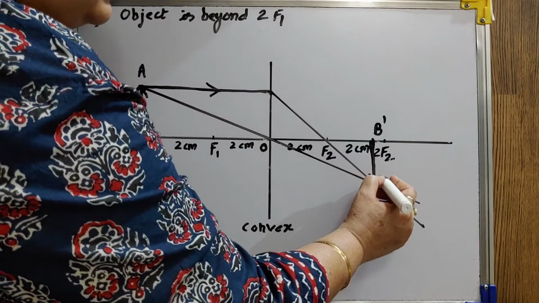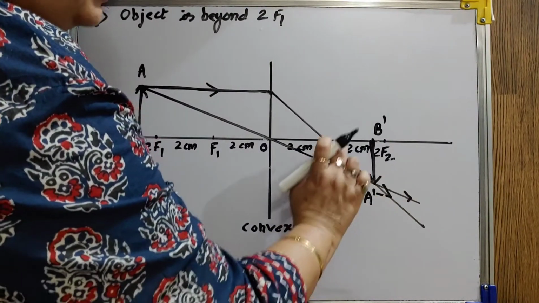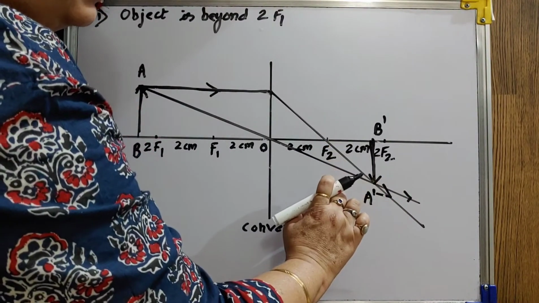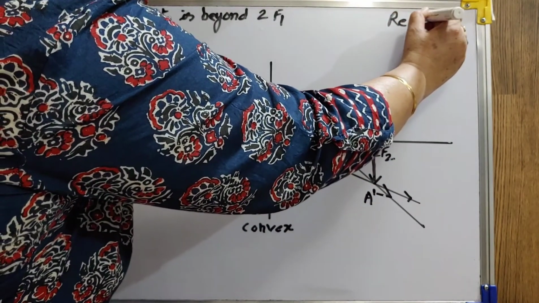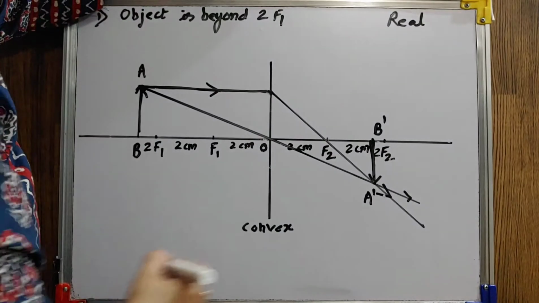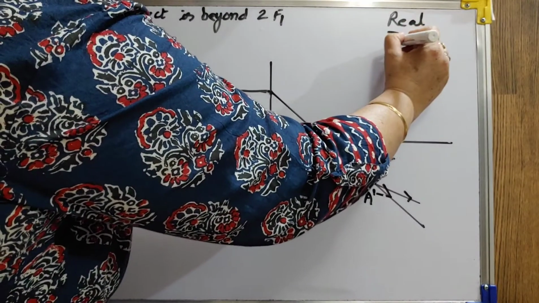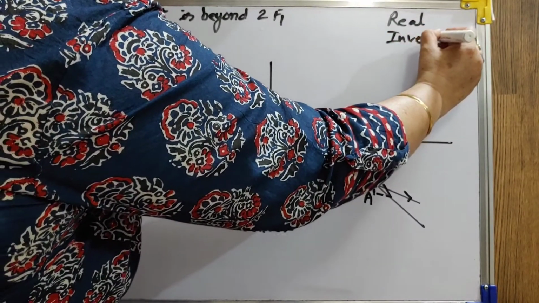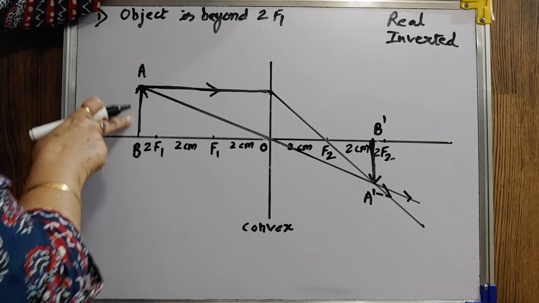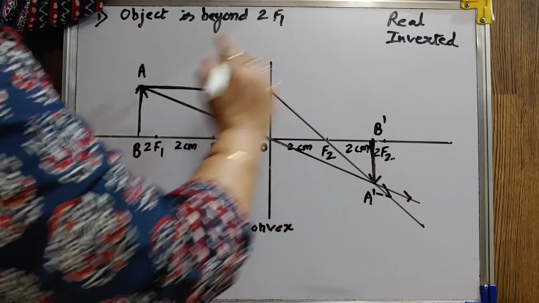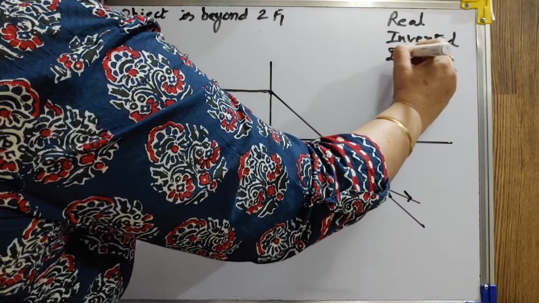Actually they are intersecting, so our image is a real image. Now it is inverted. Just look at this size. We are getting it less than the required one, so it is diminished.